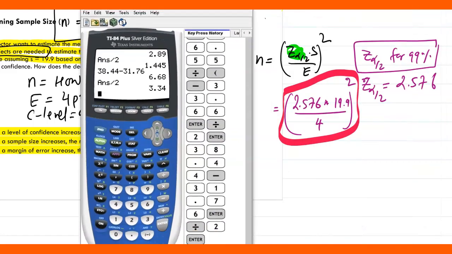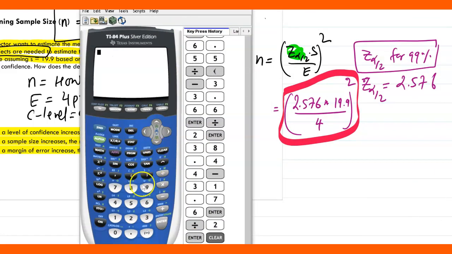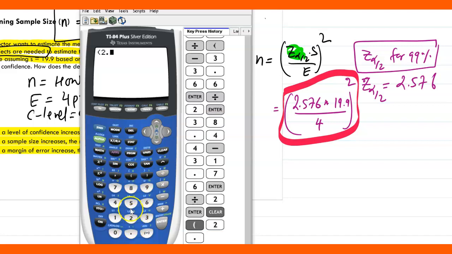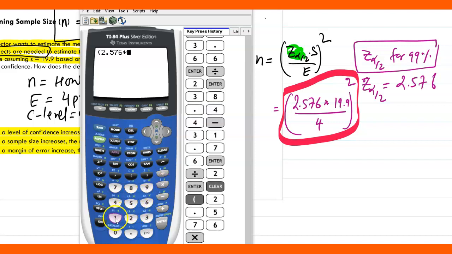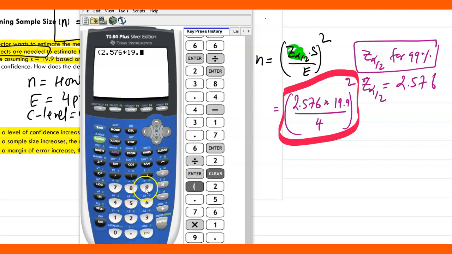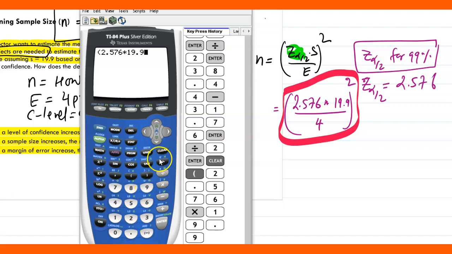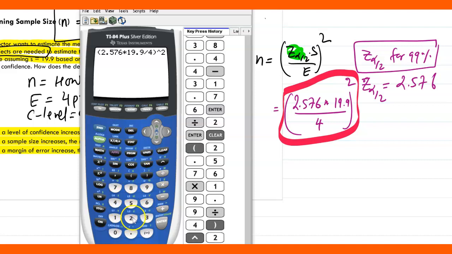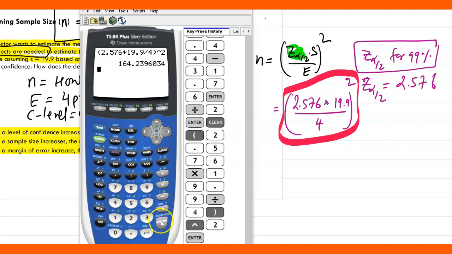Start a parenthesis here: 2.576 times 19.9, divided by 4, to the power of 2. And what you get is 164.23.